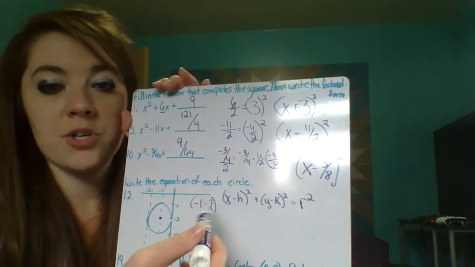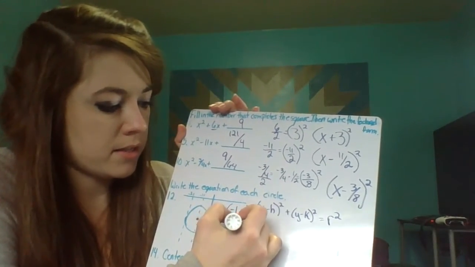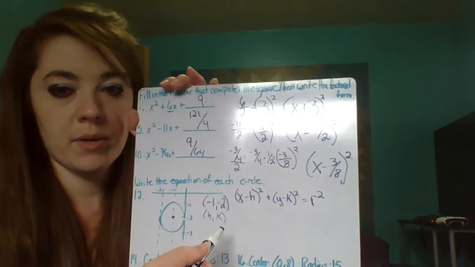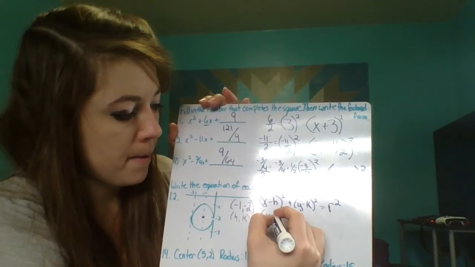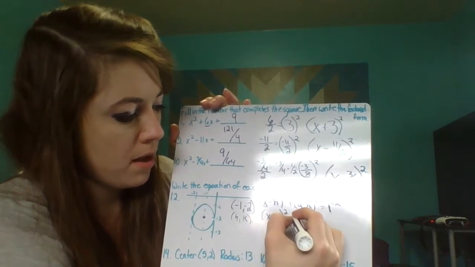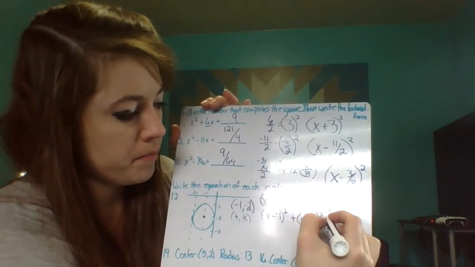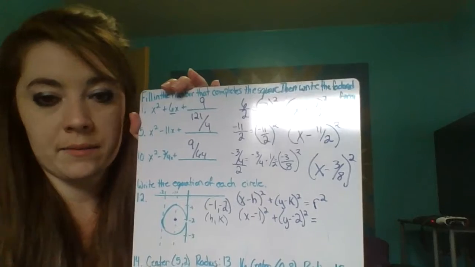But now we have actual coordinates to plug in there. So our center is h, k. So h is what our x value is, k is what our y value is. So we plug that in. So we're going to have x minus -1 squared plus y minus -2 squared equals, now, what is our radius?